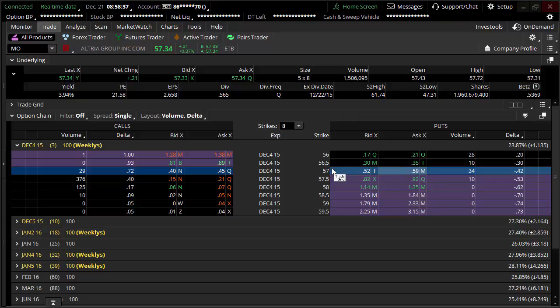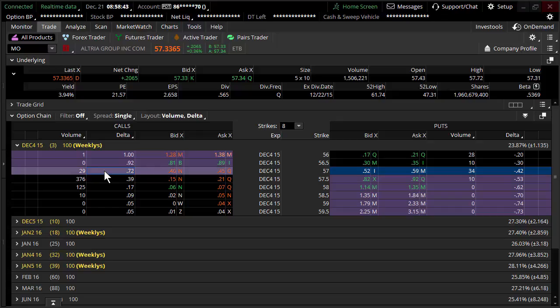Your risk when you have sold calls is that any option that is at the money or in the money could in fact be assigned, even if it's part of a spread. You may have bought the 56 calls, but sold, for instance, the 57 calls. Well, these 57 calls may get assigned.